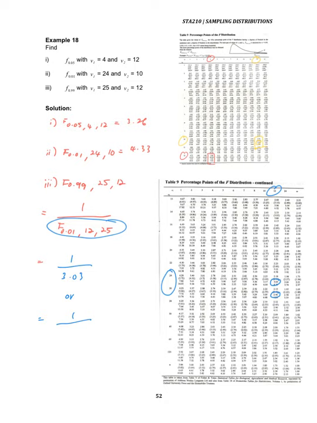Kalau ambil 26, 2.96. Okay, so jawapan dia sama ada 1 bahagi 3.03, 0.33. Okay, ataupun 1 bahagi 2.96, 0.34.